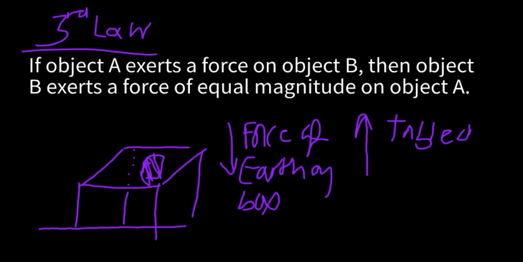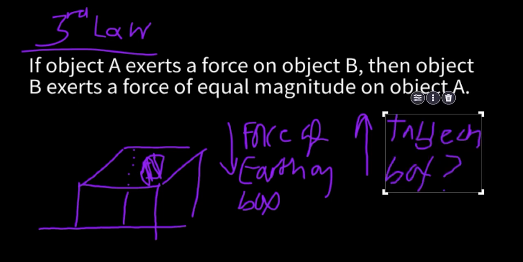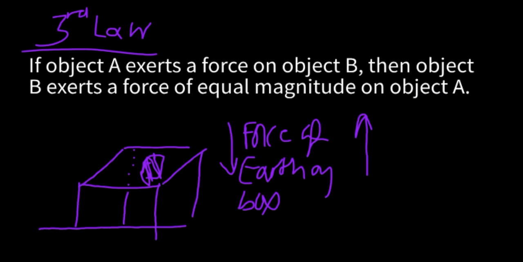But that's when you need to think in terms of object A and object B. So actually, let's consider A to be the box, and let's say B equals earth. Right?